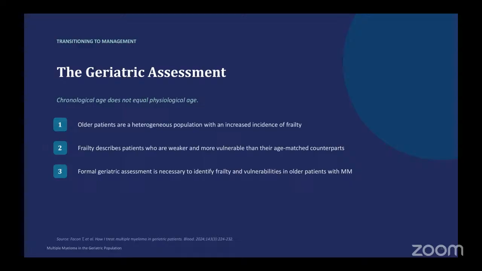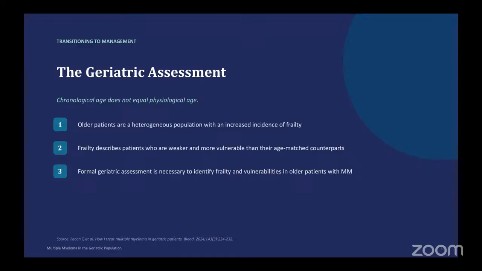Now at number 2 in the slides, you can see that frailty is basically described as patients being weaker, just as the doctor said, and more vulnerable than their age-matched counterparts. So it's elderly patients being weaker than the younger population, but it also could be that two similarly aged patients have different frailty scores. One of them would be more vulnerable to side effects and weaker than the other person who is the same age.